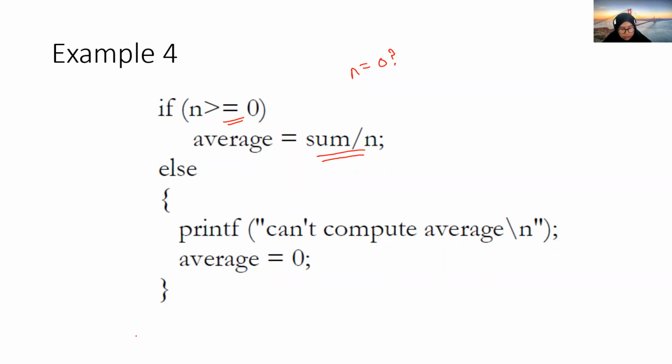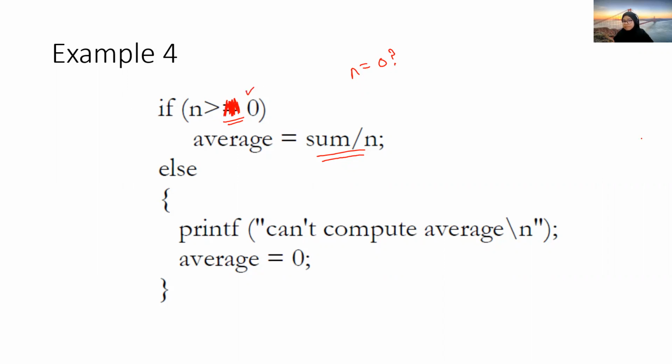So meaning that you need to be careful with how you put your condition operator. So what you need to do is just remove this equal sign. Now this is okay.